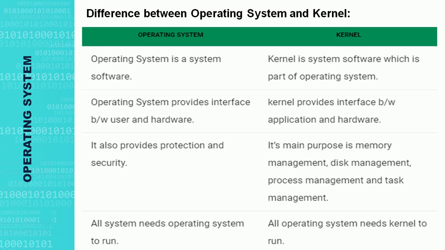The kernel's main purposes are memory management, disk management, process management and task management. All systems need the operating system to run. All operating systems need a kernel to run. So the kernel is very, very essential for all operating systems to execute or run programs.